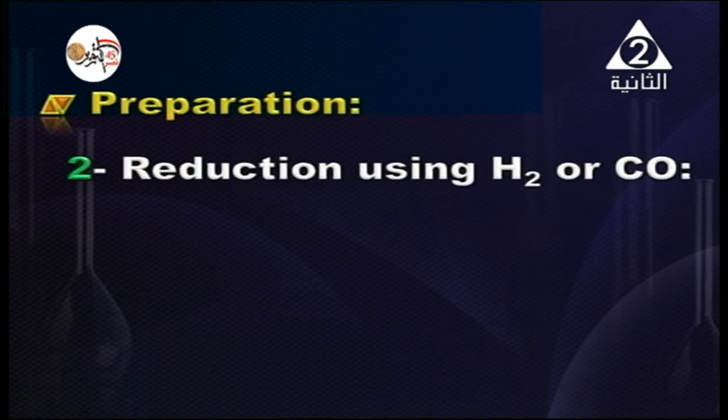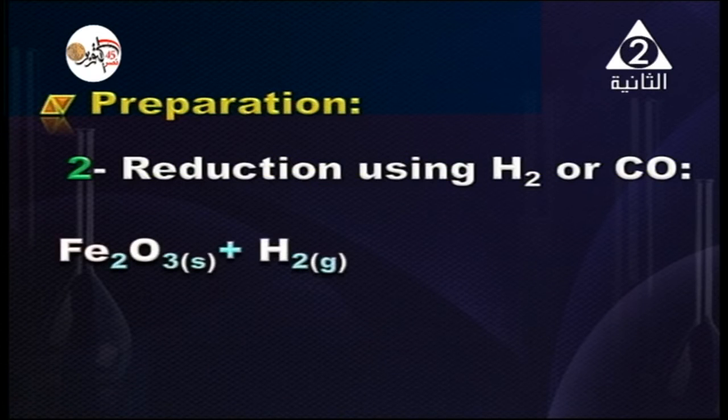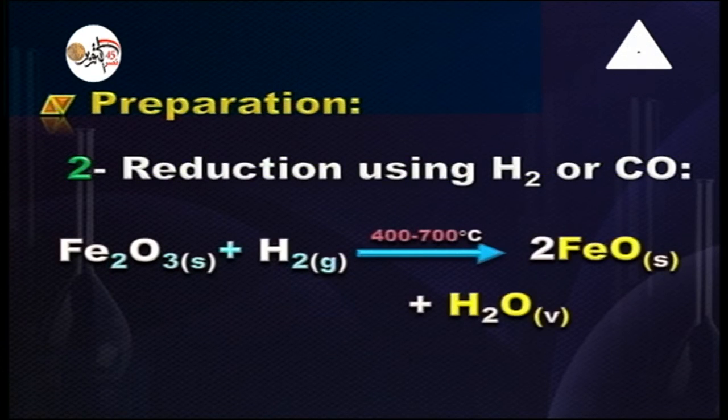The second method for preparation of iron 2 oxide is reduction using a reducing agent such as hydrogen gas or carbon monoxide gas. So, if we reduce iron 3 oxide Fe2O3 by hydrogen gas at a temperature of 400 degrees Celsius to 700 degrees Celsius, it gives iron 2 oxide and releases water vapor.